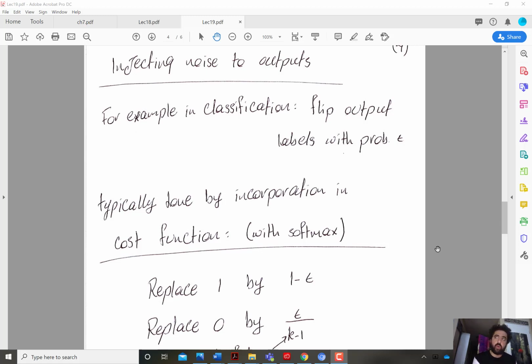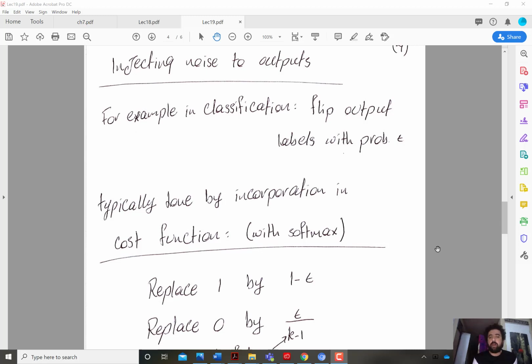When I inject noise to that label, say with probability 10%, I change the label. That means that while collecting this training data, I believe there is a 10% probability that the label given to me is erroneous, right?